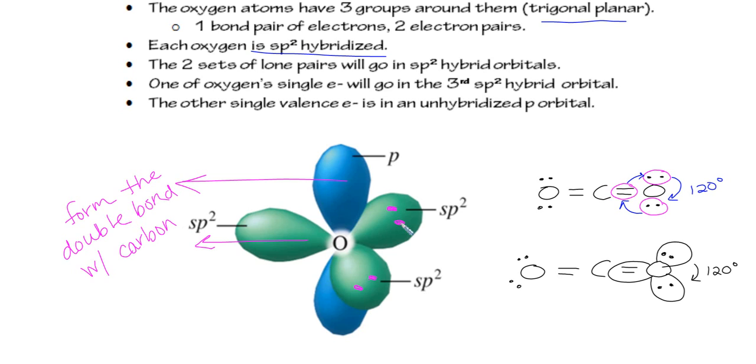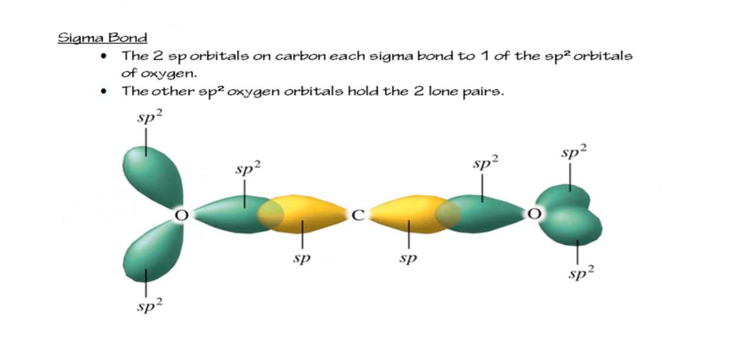We've got the 2 pairs and the 2 singles. This is glorious. One of the singles is in the extra hybrid orbital, and the other single is in the unhybridized p. Those guys are going to overlap with carbon and form the double bond. You're getting this, aren't you? Starting to click. You're probably so proud of yourself.